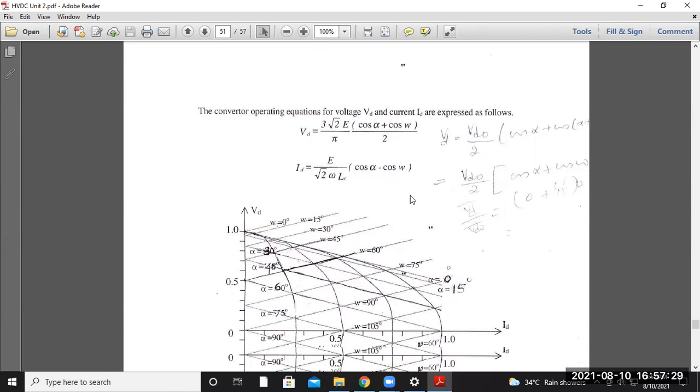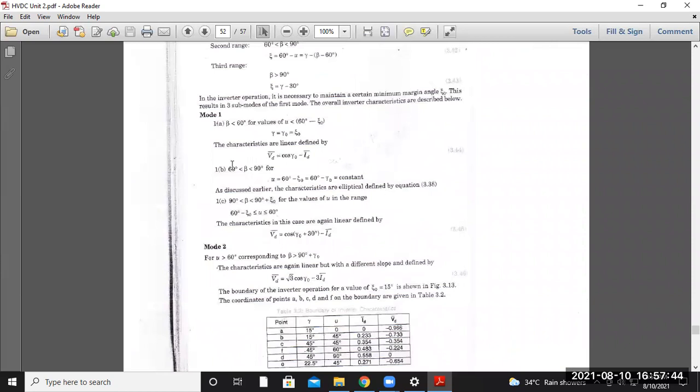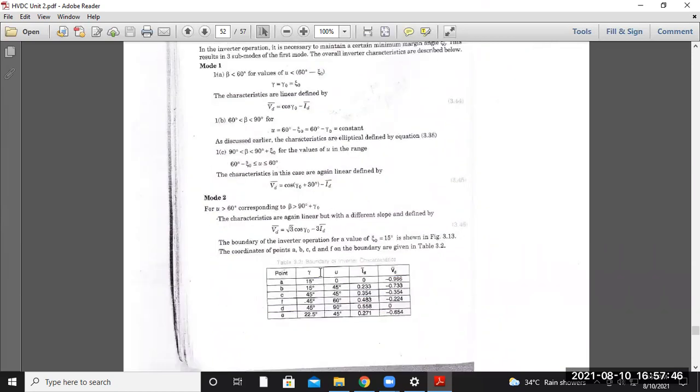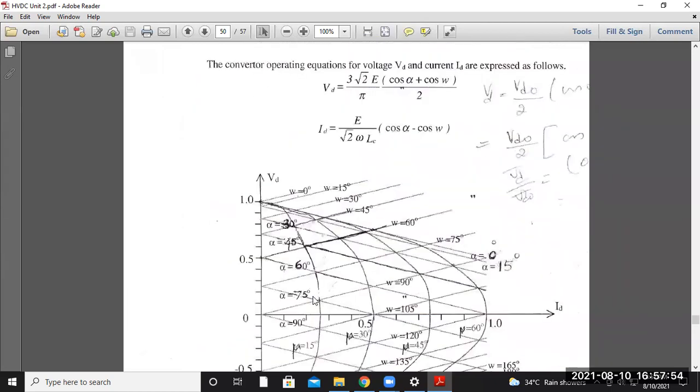That equation can also be represented as VD naught divided by 2 cos alpha plus cos omega. Then from there you will get the value of vector ID as this equation. Now in a similar manner that we have discussed, different values of A, B, C are given. Many points are taken here, but we have discussed them in the previous section. Let me show you.